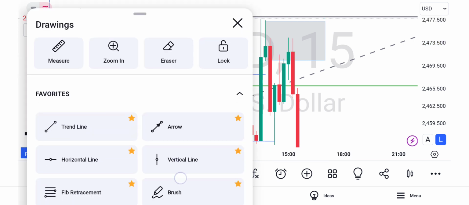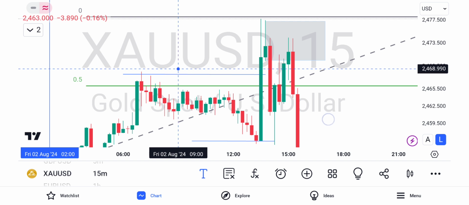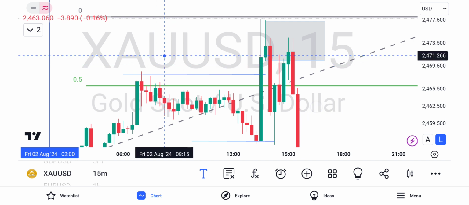Let me label them, so you see it one after the other.